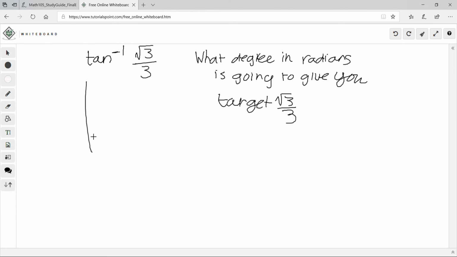So I'll give you a visual. What if I use pi 6?